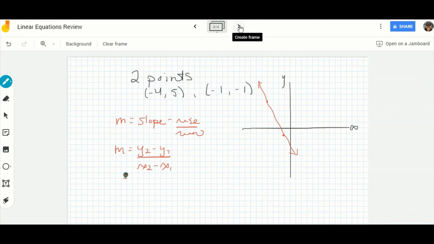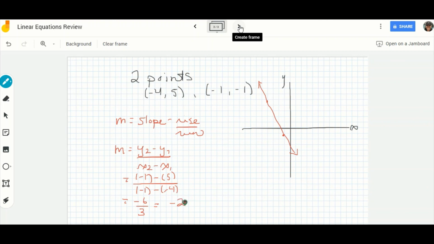And in this case, I take my y2, which is negative 1, and I subtract y1, which is 5, and this is all over negative 1 minus negative 4, which equals, in this case, negative 6 in my numerator, and negative 1 minus negative 4 is going to be plus 4, which gives me 3, which is equal to negative 2.